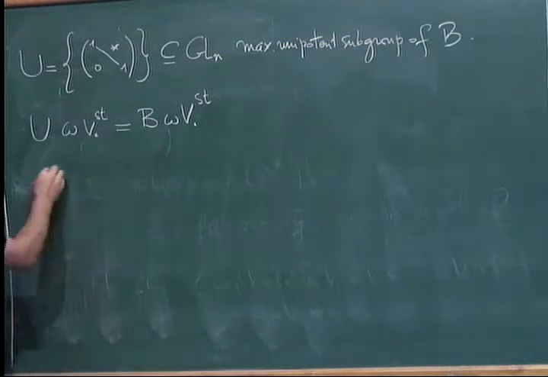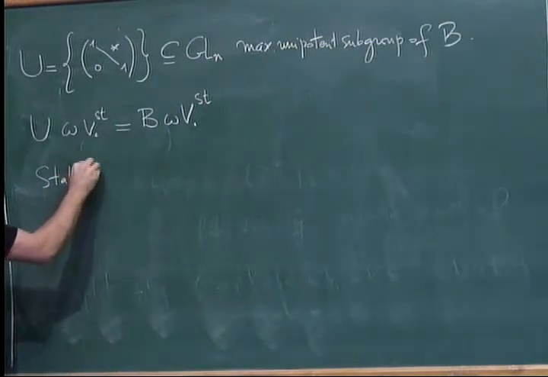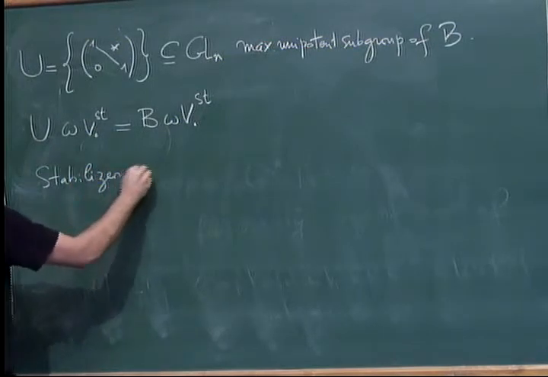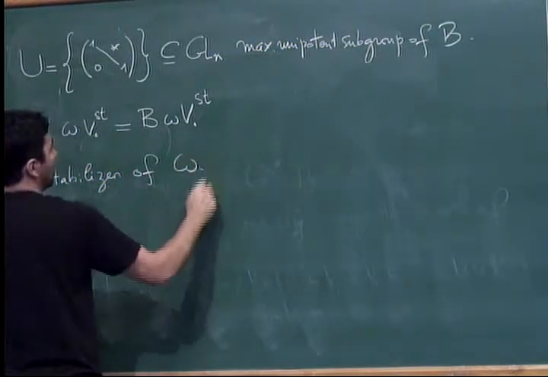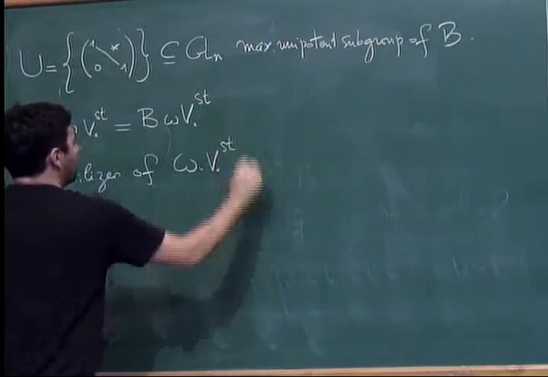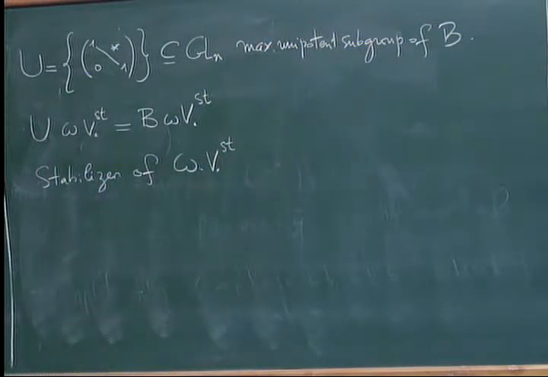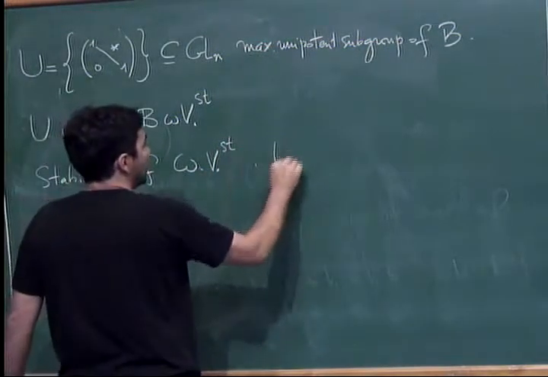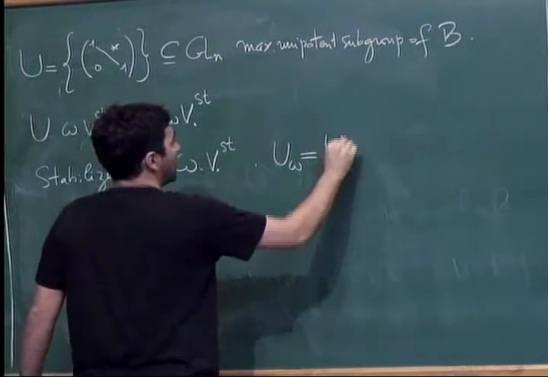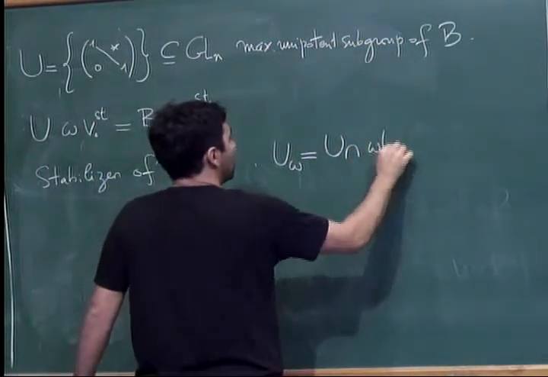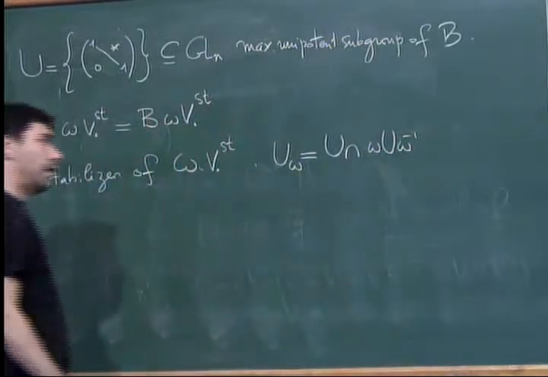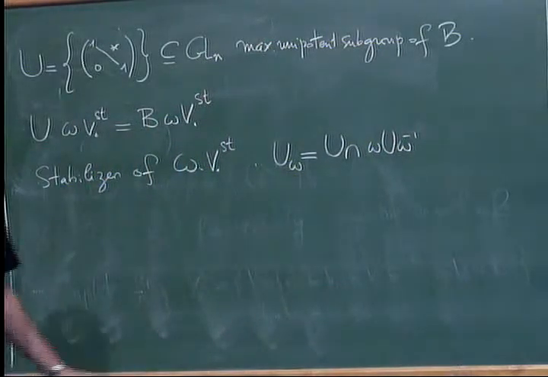So we need to understand the stabilizer of omega applied to the standard flag in U, say U_omega. This is U intersected with the conjugate of U under omega.